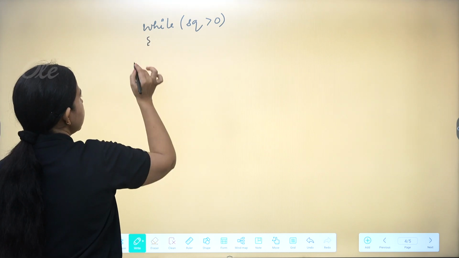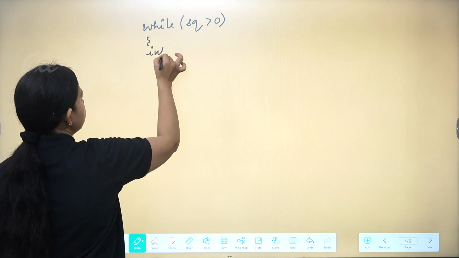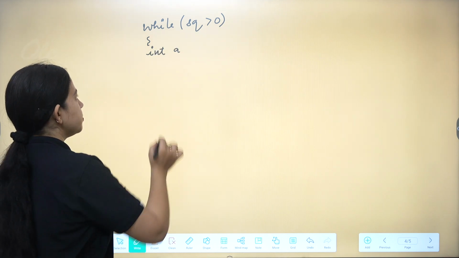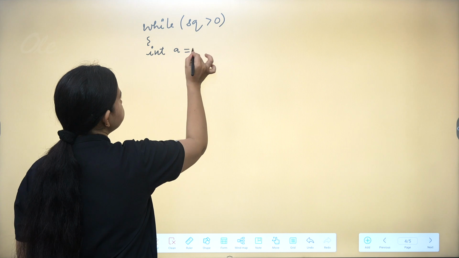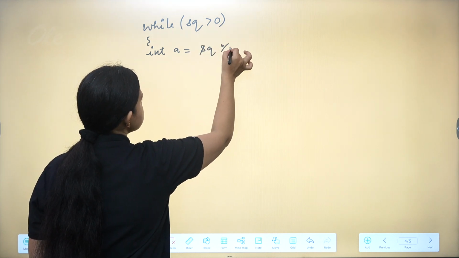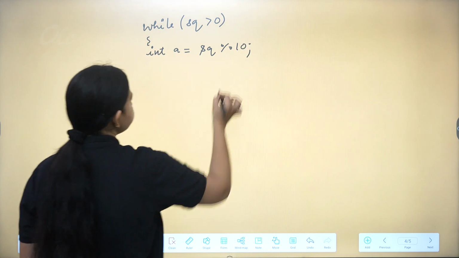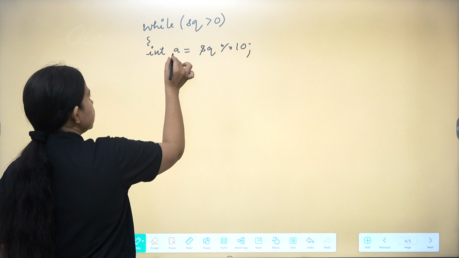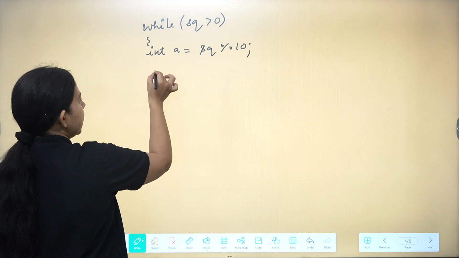Now, as you know, we are taking one intermediate variable over here, which we call a local variable. Here we apply the modulus operation, which helps you fetch the digit, and then the digit comes into a.